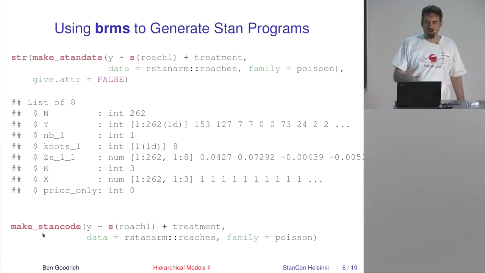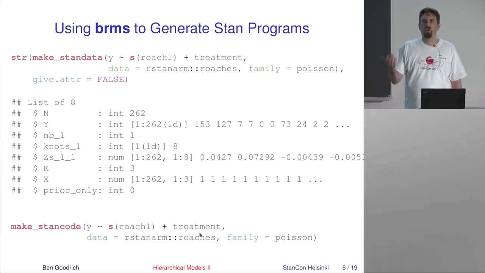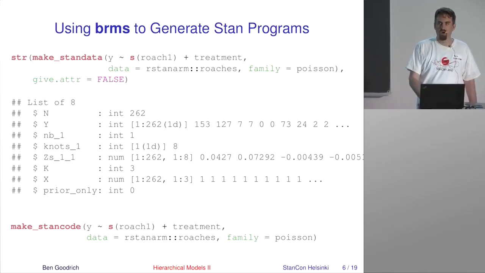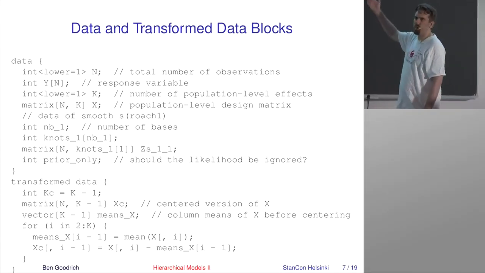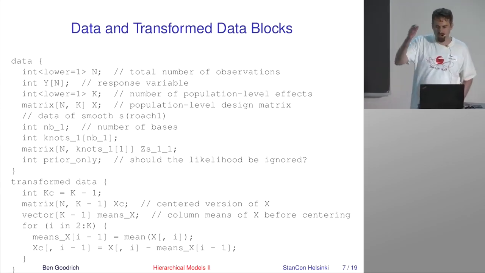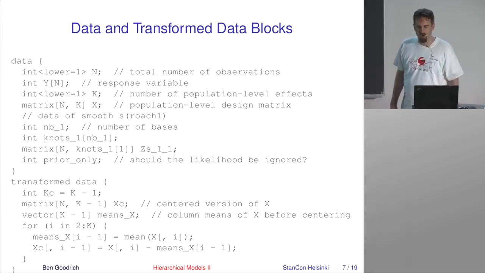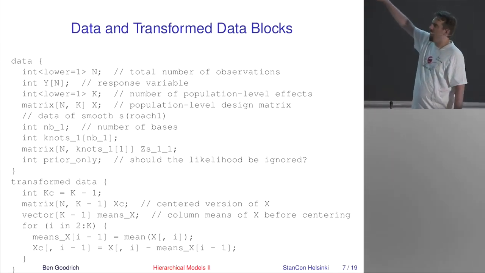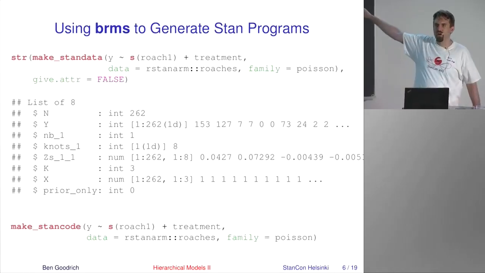And so if you call make_stancode, giving it the same information, it will put out on your screen the Stan code that it used to estimate a model like this. This comes with a number of code comments, but we're going to walk through it just so that everybody can understand. And certainly if you have questions, raise your hand or shout out if I don't see you. So the first 8 things here correspond to the Stan representation of the 8 things which constituted our list of data that we passed to Stan.